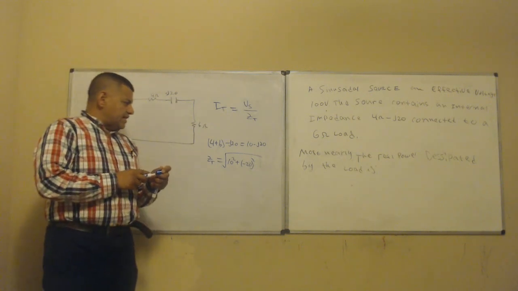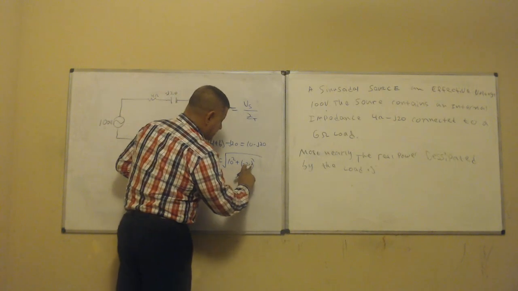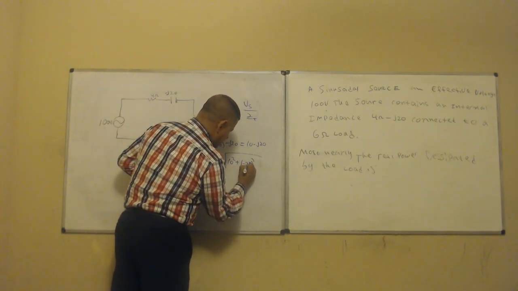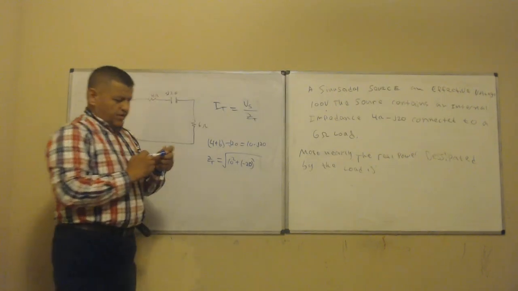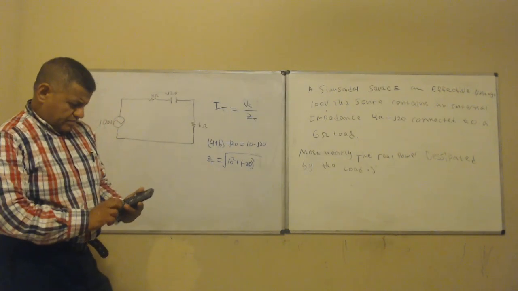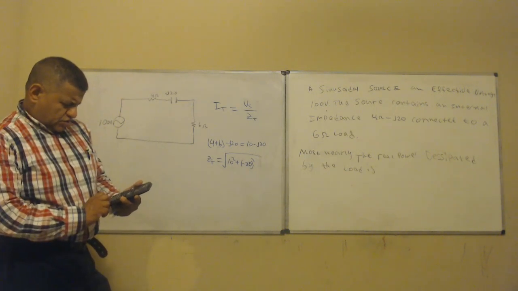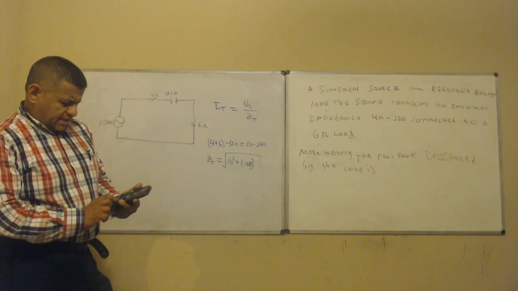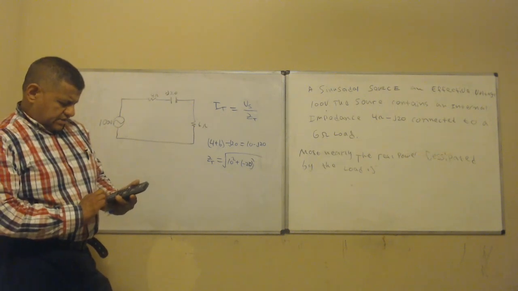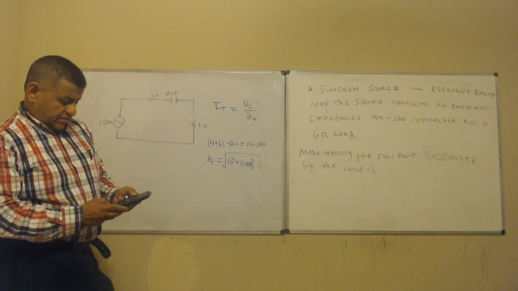So when we do that, we get 20 squared plus 10 squared, taking the square root of that.